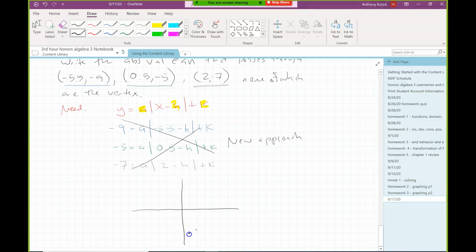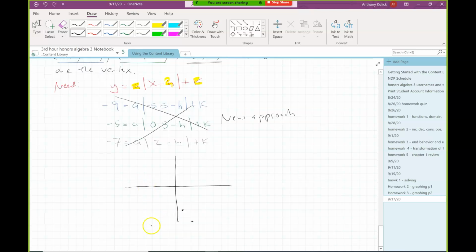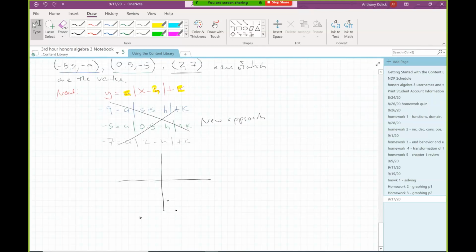So I'm just going to sketch a quick little picture. I have something like this, right? If I plotted those 3 points. Now I didn't actually make any coordinates on here. I just generally threw them on there to get an idea of what it looks like. What I noticed though is that these 2 have to lie on the same line. Everybody agree with that?